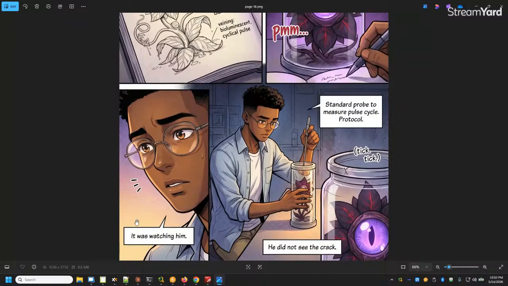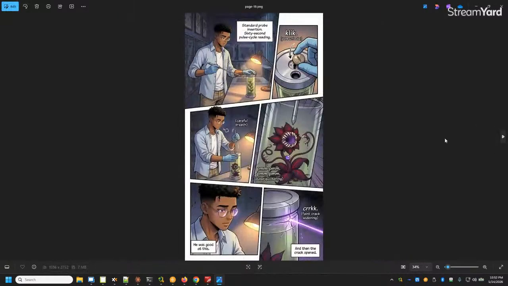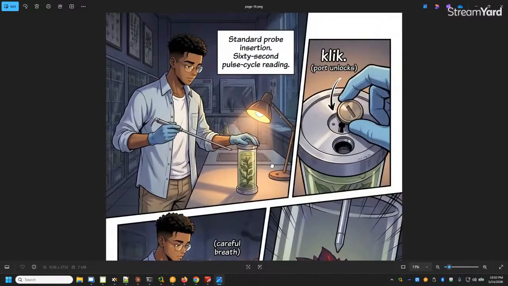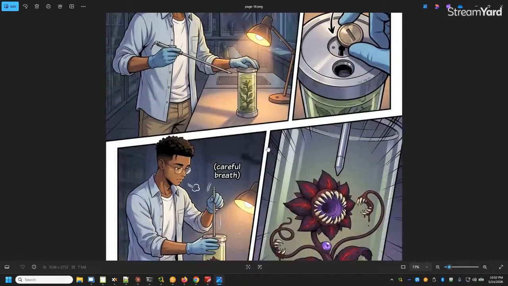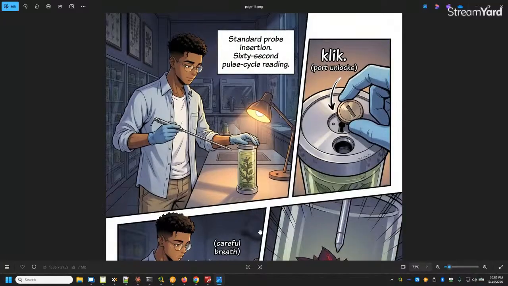All right. It was watching him, standard probe to measure pulse, cycle protocol. He did not see the crack in the case. Standard probe insertion, 60-second pulse cycle reading.